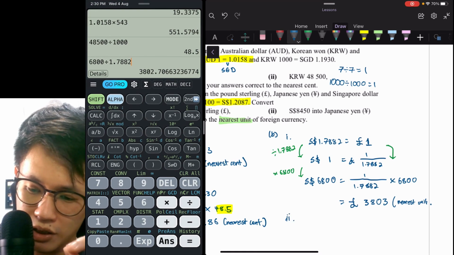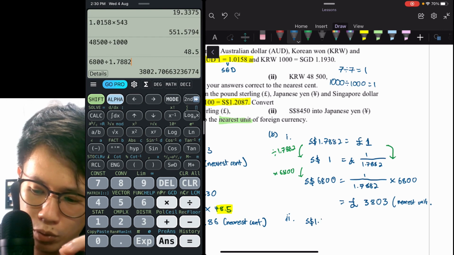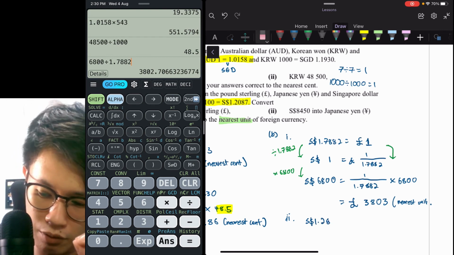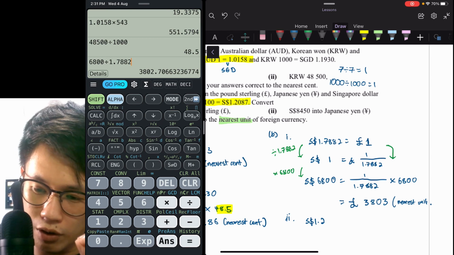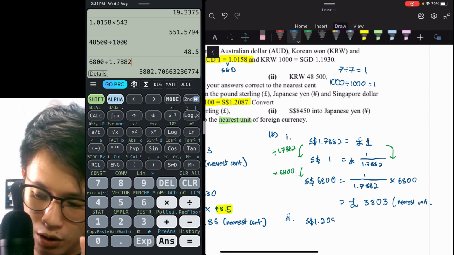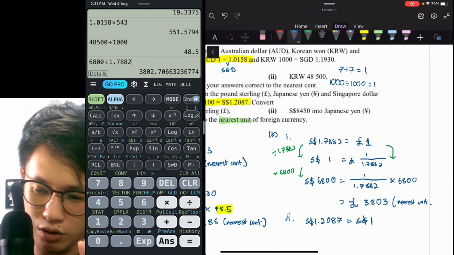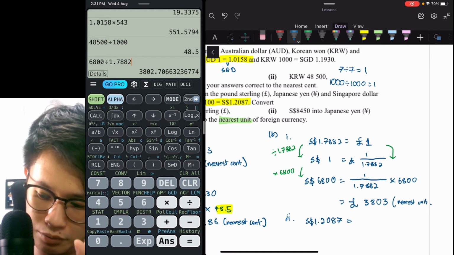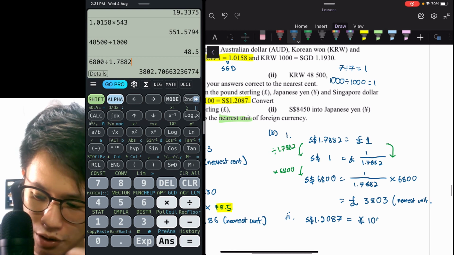So the same thing for the yen. We know that 1.2087, if you like to go to Japan very much, knowing this is actually quite helpful. It's equal to S dollars, no, sorry, not S dollars, so 100 yen. The concept is quite similar.